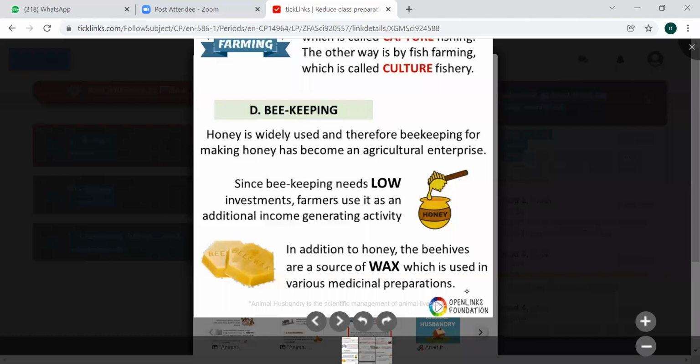If you go to the forests and see, in the natural way, the bees collect nectar from different flowers, neem trees, anything. If you eat that naturally collected honey, you will find it very bitter. You don't find the taste of the honey which these farmers give us by beekeeping. That is sweet because they generally give only sweet flowers and jaggery, so that the bees collect nectar from sweet flowers only.